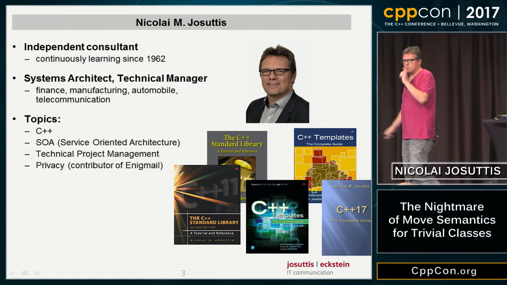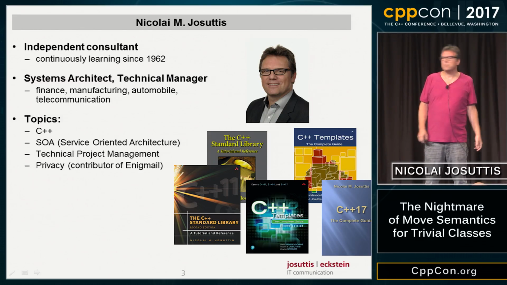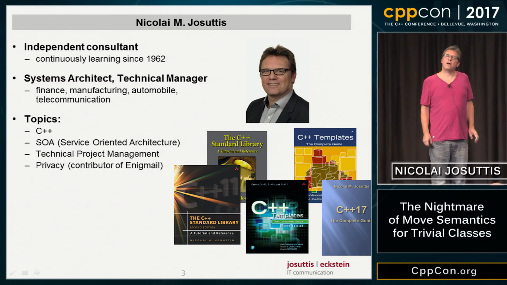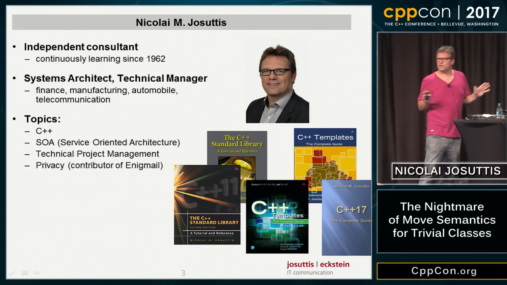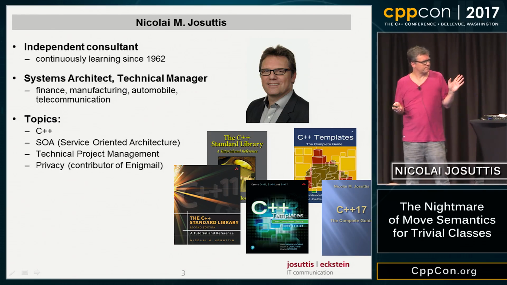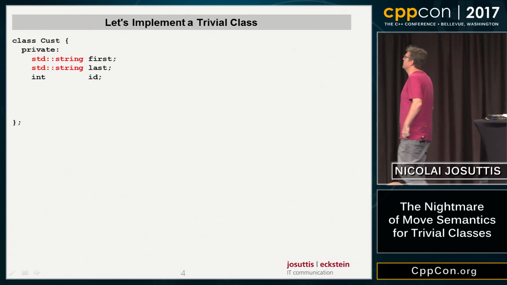The talk is about the problem an ordinary, stupid, maybe naive application programmer has when they want to write a pretty simple class, just having two strings, and make it perfect. Here's the class I want to write with you together.